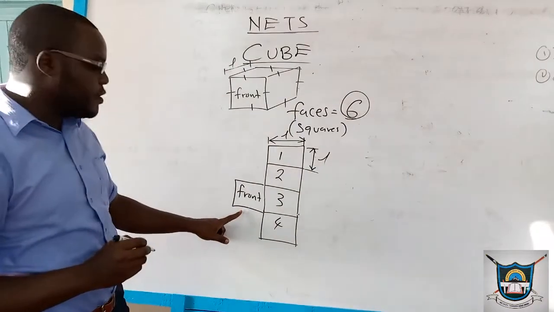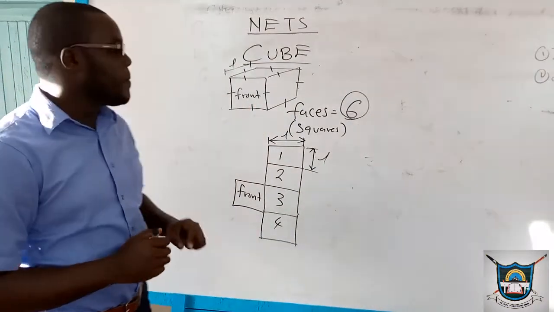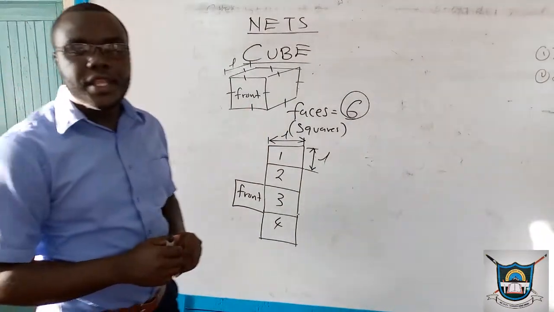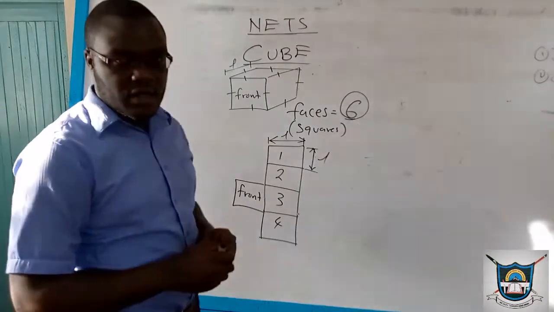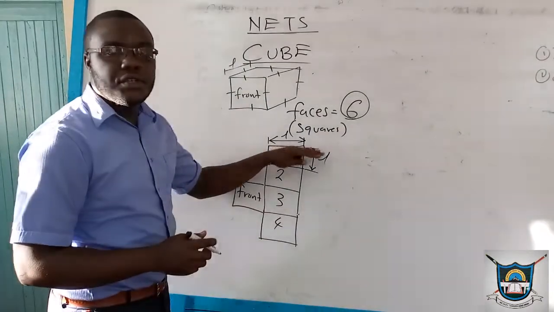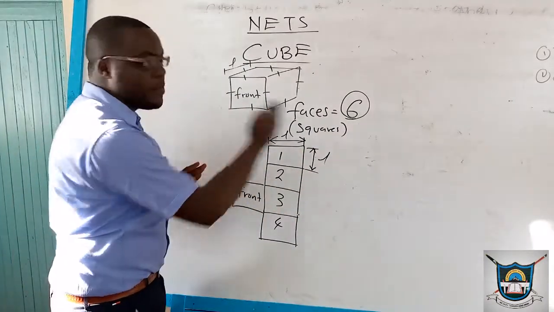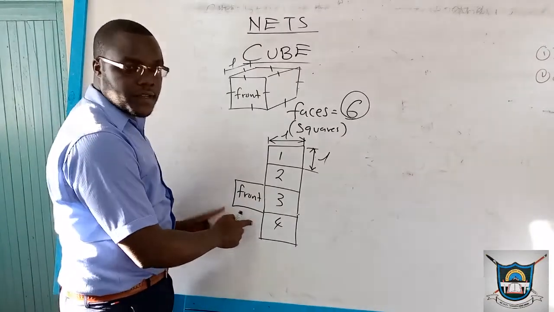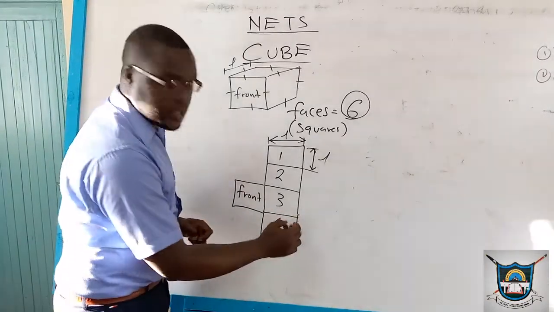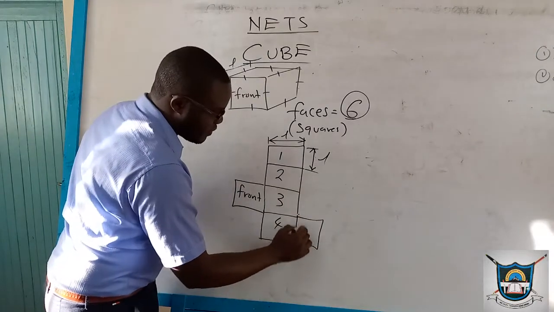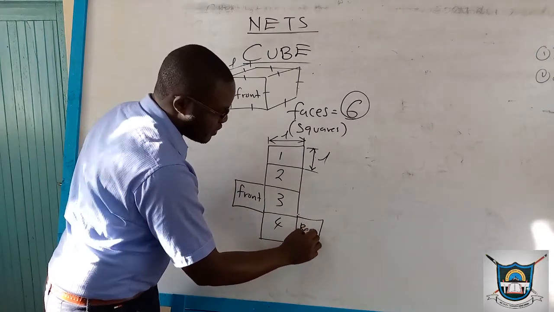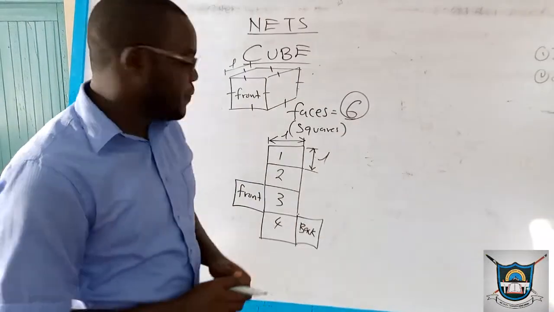That is the front face of our cube. I am remaining with the back face of the cube. I am free to draw it as long as it's on the opposite side of the front face. So I can even draw it on face number 4.